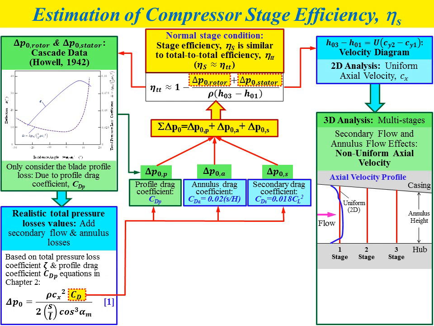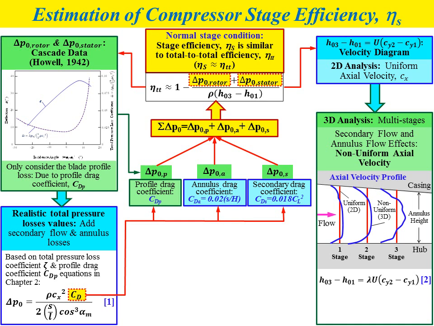However, if we consider 3D analysis, where we consider secondary flow and annulus flow effects, we will get the axial velocity profile represented by the blue curve. This blue curve represents the non-uniform axial velocity profile for 3D analysis.